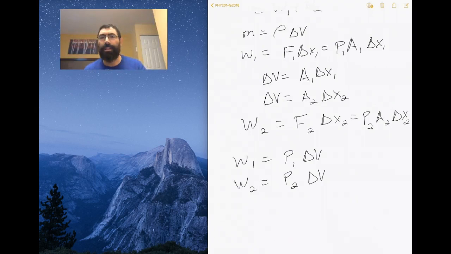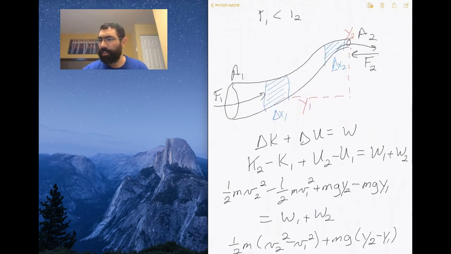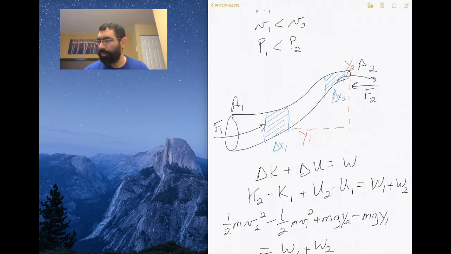However, if I go back to my drawing, I drew the force 2 in the opposite direction of force 1.